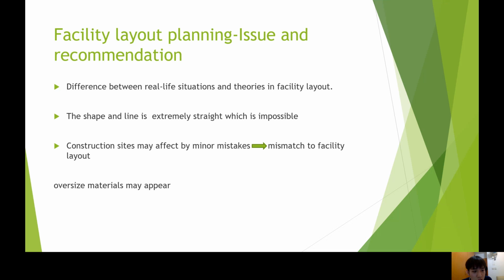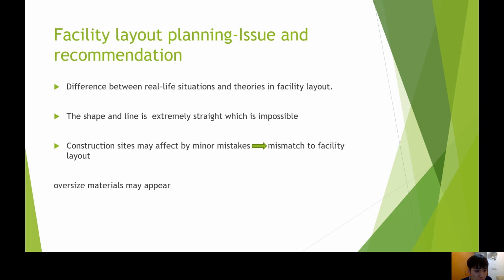Regarding the issue of facility layout, there is a difference between the real-life situation and theory. For example, oversized material will occur, and the shape and line are extremely strict in the model, but that is not important and not possible in real life.